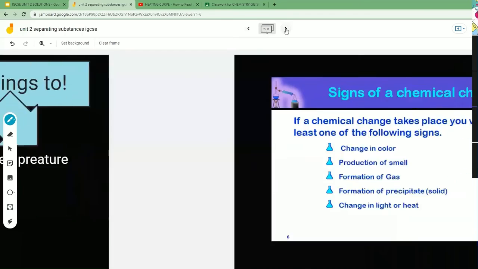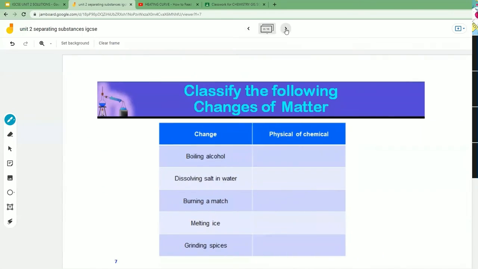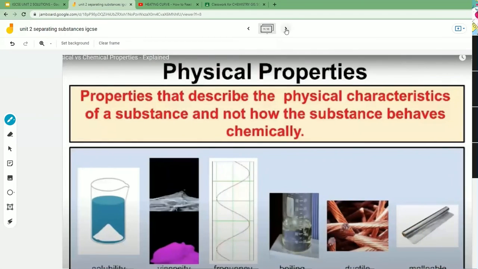The way I told you that the changes are of two types, remember the properties are also of two types, physical and chemical properties, okay? Now in chemical change, we just care that a new thing is created, correct? Now physical properties describe the physical characteristics of a substance, and not how the substance behaves chemically.